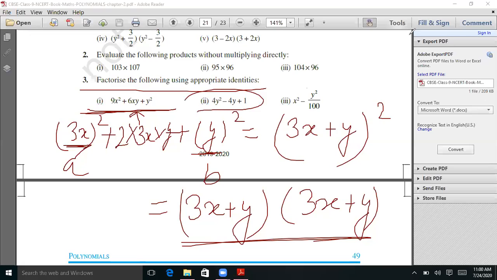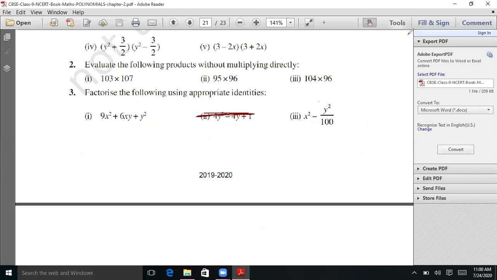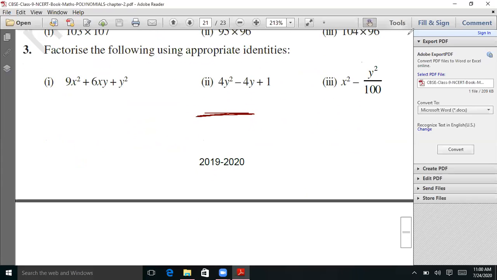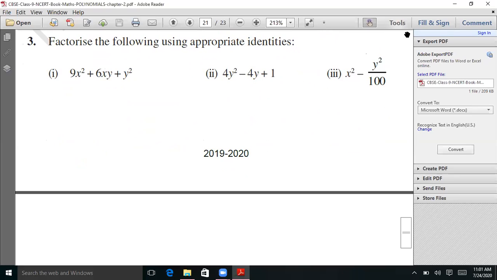Similarly, let's see the second part. 4y square minus 4y plus 1. Here also we can form an identity. Which identity will we make here? See, 2y square, right? Plus 1 square. In between it's minus.